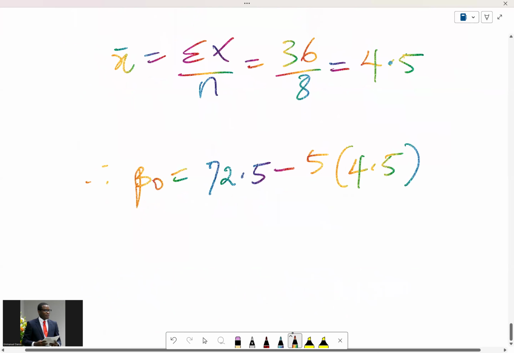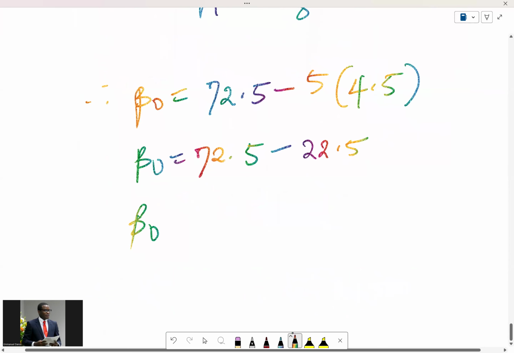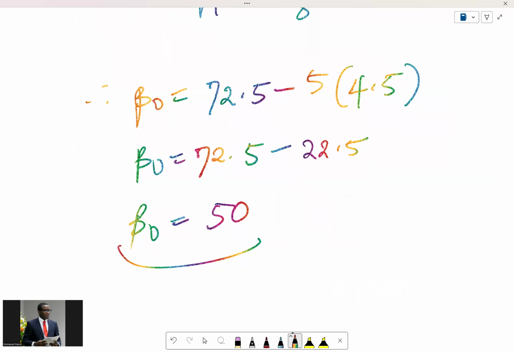So B naught is equal to 72.5 minus 45 divided by 2. That is 22.5. And B naught is 72.5 minus 22.5, which is simply 50. Lovely. So with that now, we have our equation.